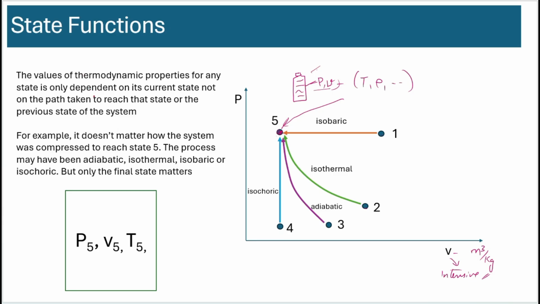All thermodynamic properties are state functions, only dependent on the current state, not the path taken to reach that state or the previous state. There are some terms in thermodynamics that are path dependent, and we will get to those later, like heat and work.